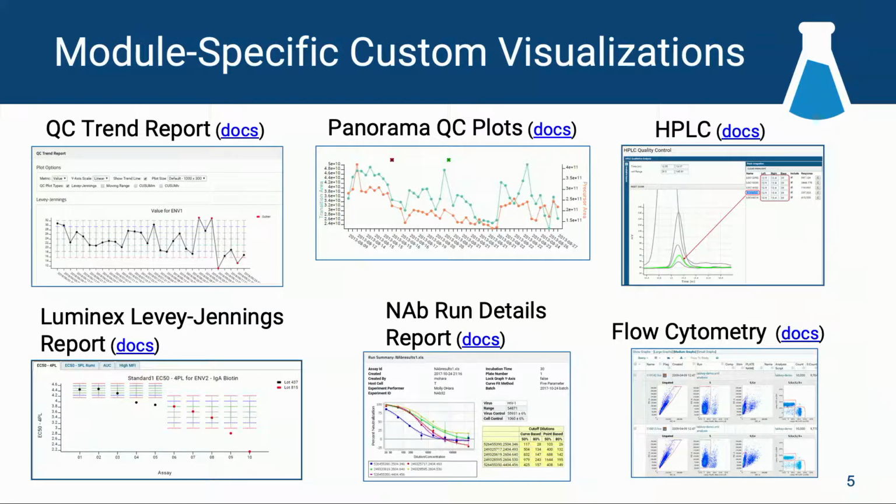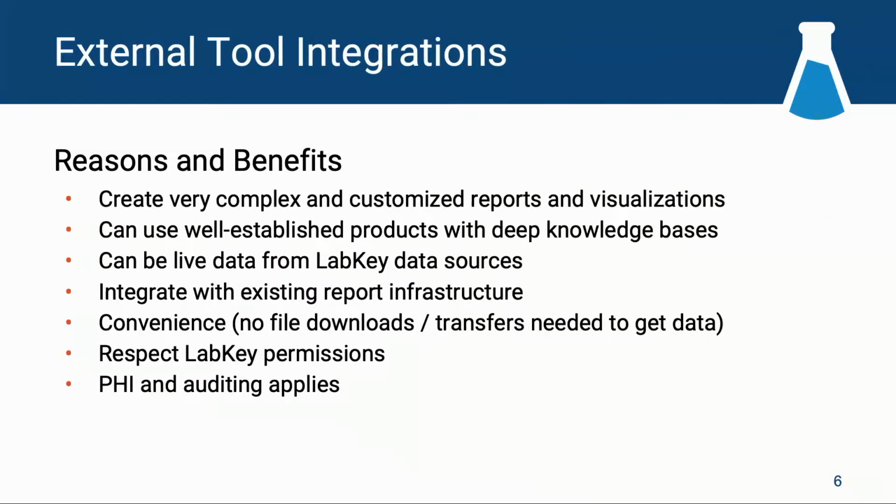But there's also examples that dive deeper into the data for HPLC, NAB, flow cytometry. A lot of those visualizations are more about looking at a single run of data at a time and interacting with that data in a visual way to see what might have changed or what's going on. So now I'll turn it over to Xing for the external tool integration part.